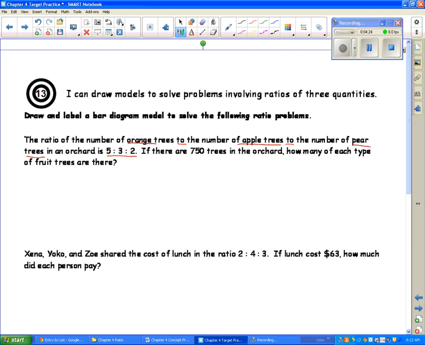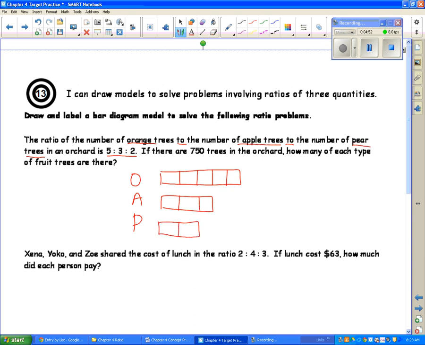I've got orange trees, and those are in a ratio of 5 units. To apple trees, and those we're going to represent with a bar of 3 units because it's 5:3. And then lastly, pear trees, and that bar is just going to have 2 units.